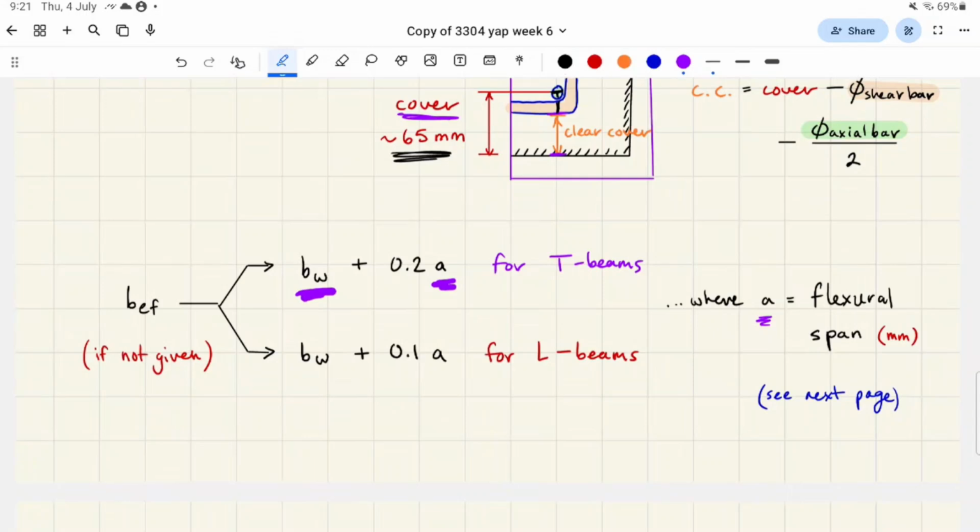I'm gonna pick on Justin. Sorry. Well, I guess what is flexural span, the length between the beam and the clear cover? Oh, I know what you mean. Do you mean like the column kind of thing?